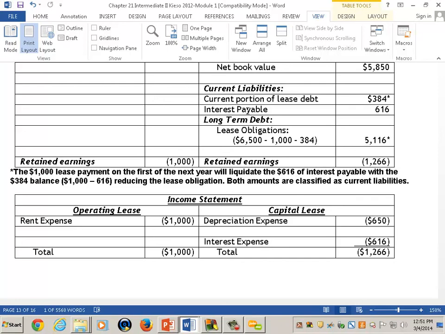But what are other income measures that we use? I want to give a capital lease a little bit of a favorable advertisement here. What other measures of income do we use? Go back to chapter 4. Yeah, EBIT, earnings before interest and taxes. So if we did operating, and if we did capital, EBIT would be minus 1,000 for an operating lease, but for a capital lease, it would be minus 650 in this example.